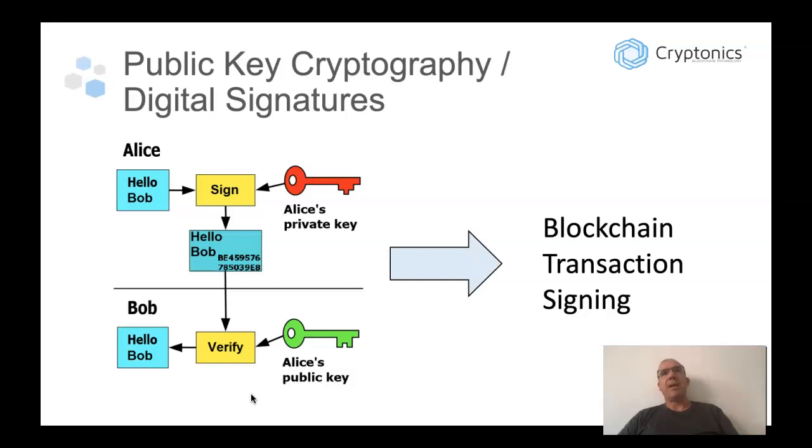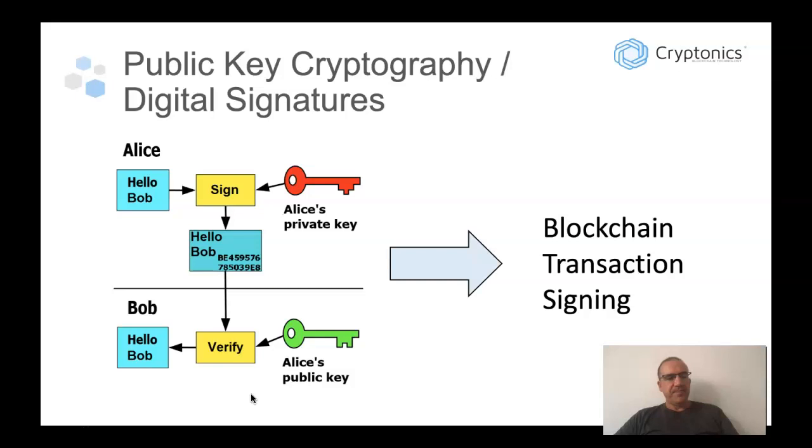Then Bob, or anyone else, can use Alice's public key to decrypt the message. And the side effect here is not that the message is secret, but it's to prove, using this property, inverse encryption, so to speak, that Alice is the sender of the message.